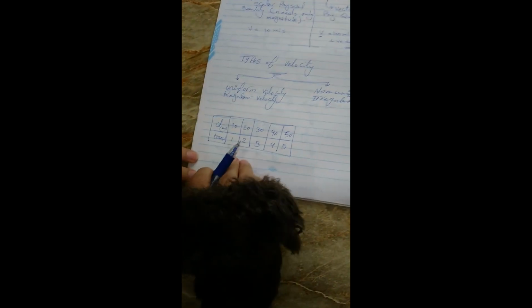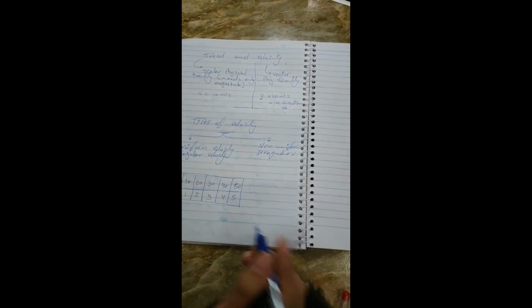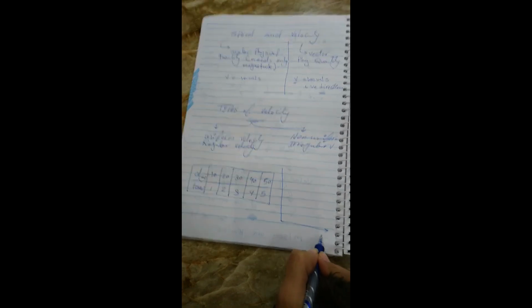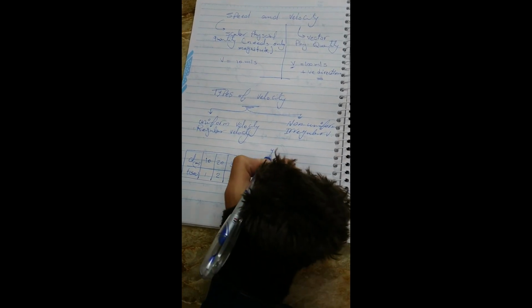What about the type of the motion of this object? Now we need to represent this relation graphically. Firstly, we will draw the two axes, x-axis and y-axis.